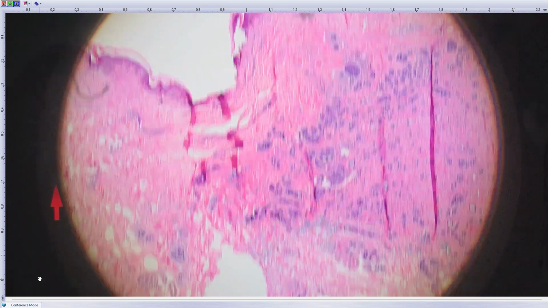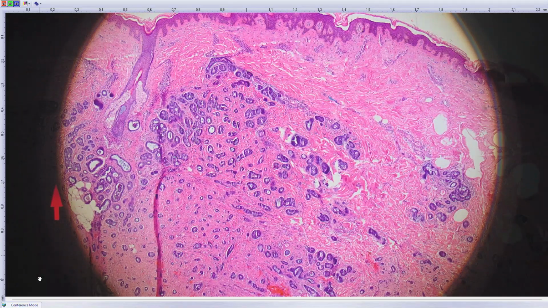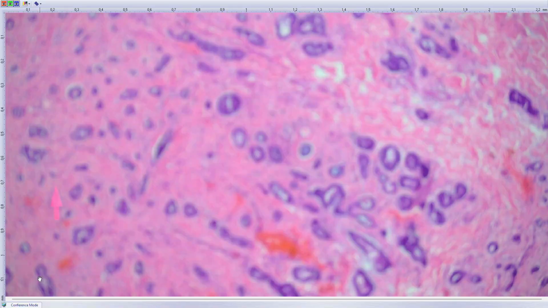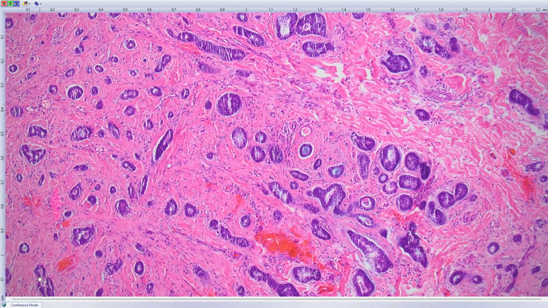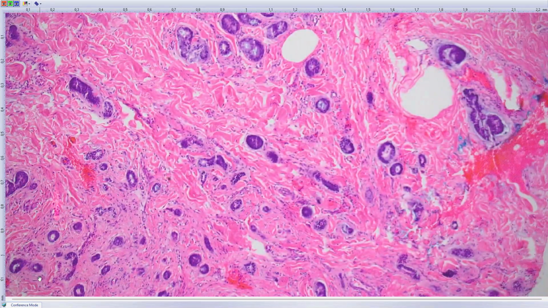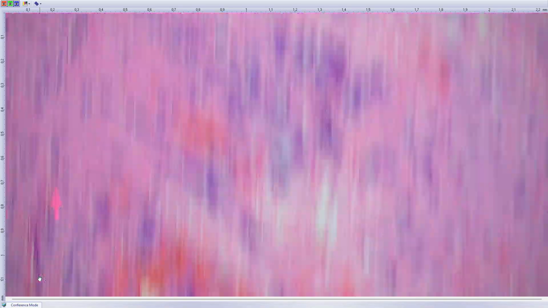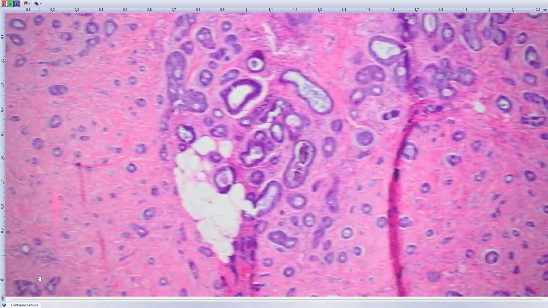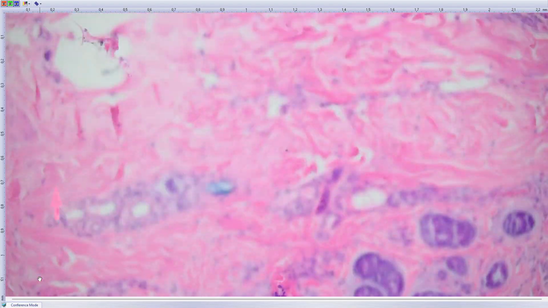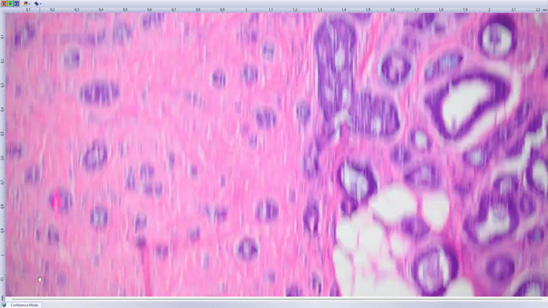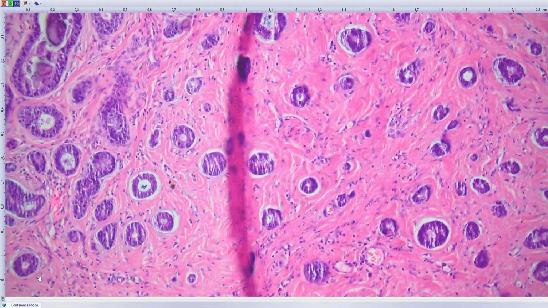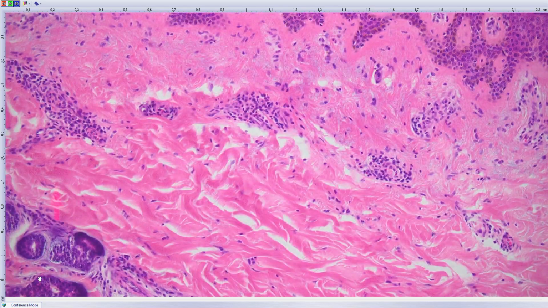A tumor of the skin again. I got it with a diagnosis of benign adnexal tumor. Well, there was a genetic fusion of MYB, so it's a nice example of adenoid cystic carcinoma of the skin.